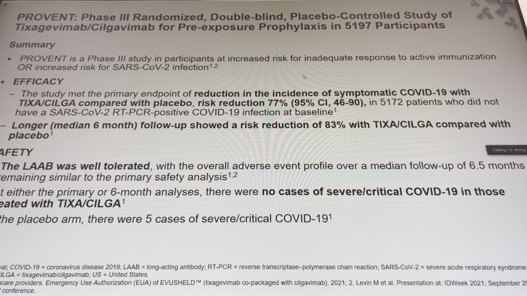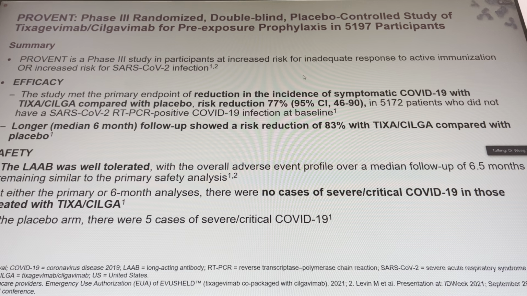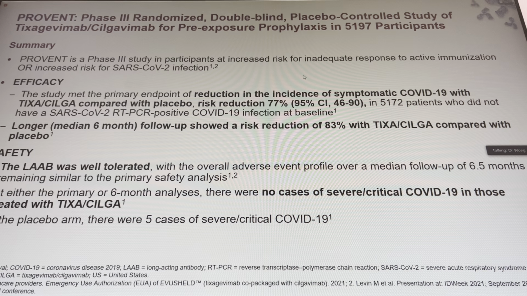When you look at the longer follow-up of 6 months, this risk reduction increased to 83%. So in terms of safety, at primary or 6-month analysis, there were no cases of severe or critical COVID-19 infections in those treated with Evusheld, whereas in the placebo group, there were 5 cases.